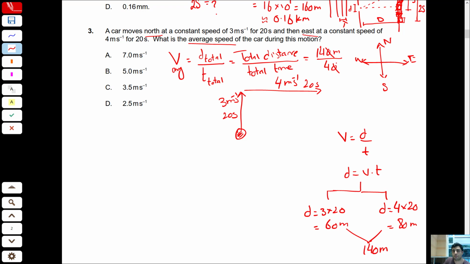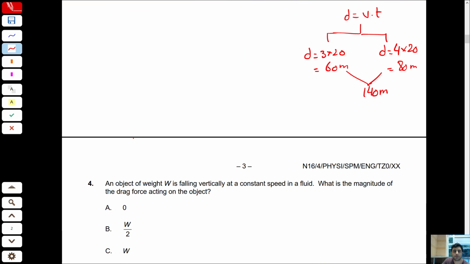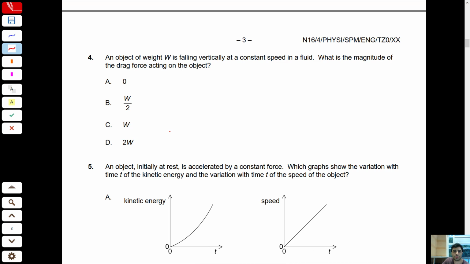Let's simplify with the table of 2. 2 fours are 8, 2 sevens are 14, 7 divided by 2 is 3.5 meters per second. So there we have 3.5 meters per second.